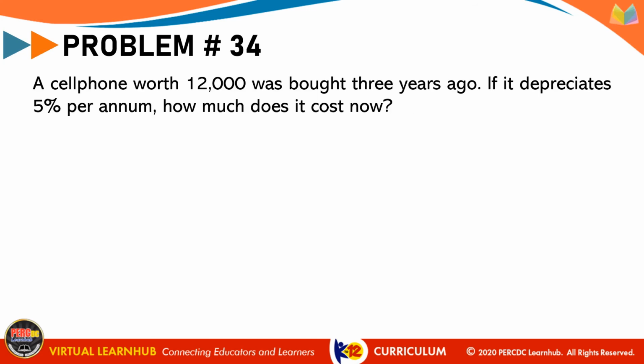Problem number 34. A cell phone worth 12,000 was bought 3 years ago. If it depreciates 5% per annum, how much does it cost now? So since there is no given function or equation in our problem, then we will use our general formula. And that is f of t equals a times 1 plus r raised to t.